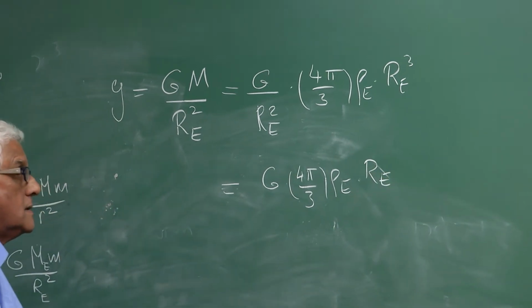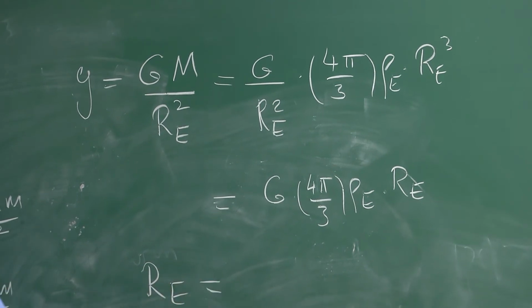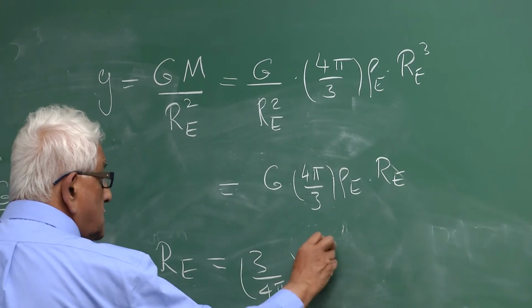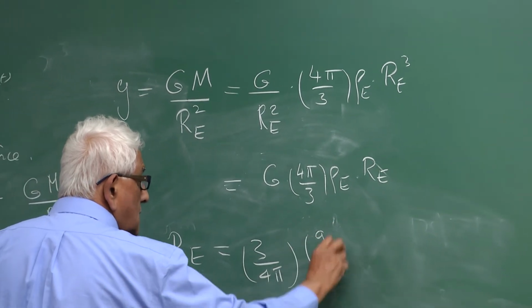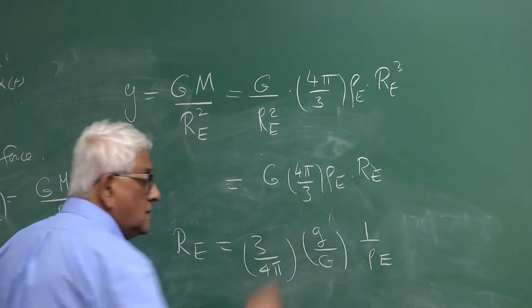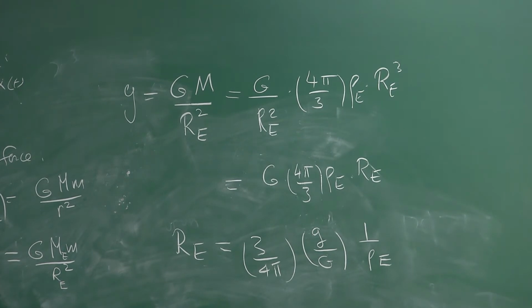Right. So what you find is that rho Earth is equal to 3 over 4 pi, g over G into 1 over R Earth. So immediately you're learning something.